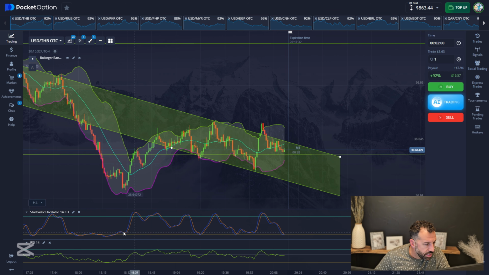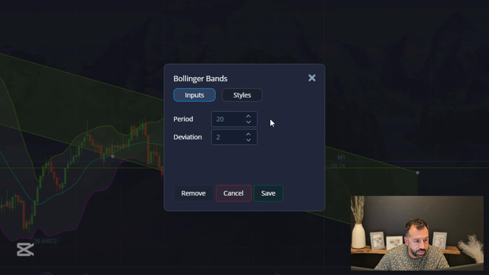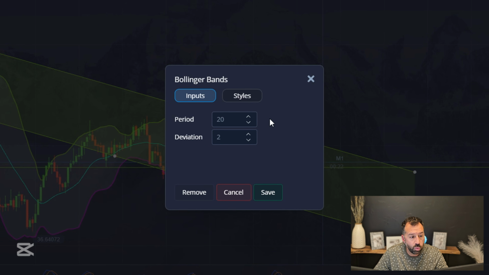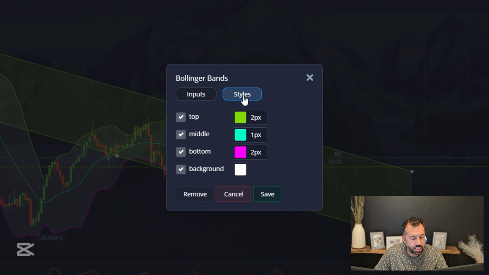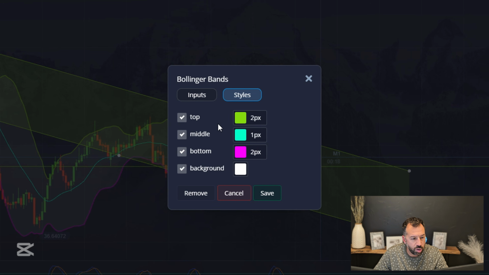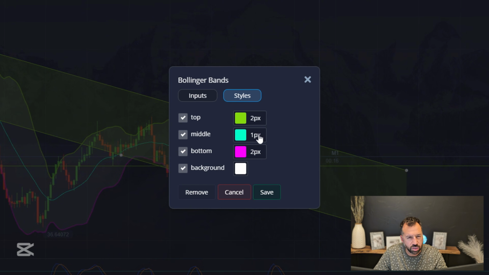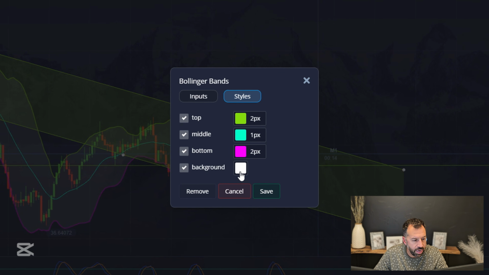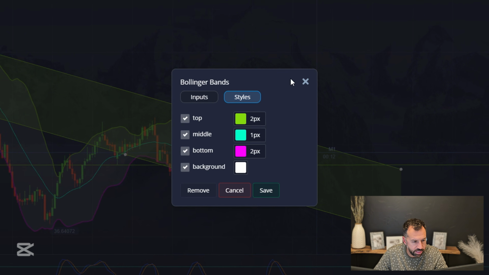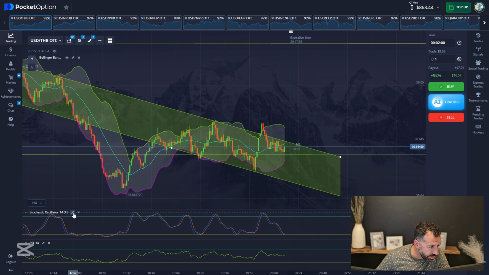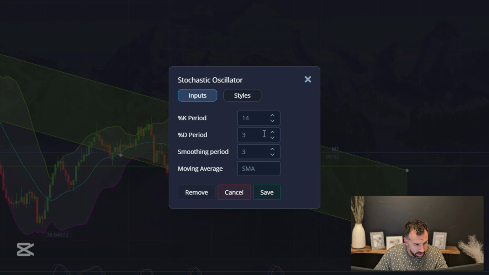When you look at the Bollinger Bands, let me show you what I have them set at. The period is 20, deviation is 2. I have the top and the bottom set at 2 pixels, just so that they're a little bit more prominent. And the background is white so that I can see through there. And for the stochastic, in order to get it set up properly, I have 14, 3, 3, the SMA.